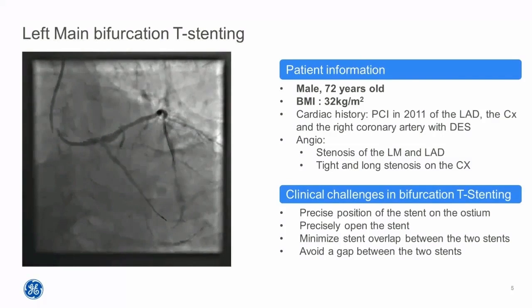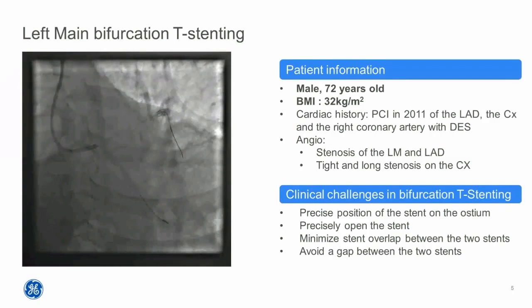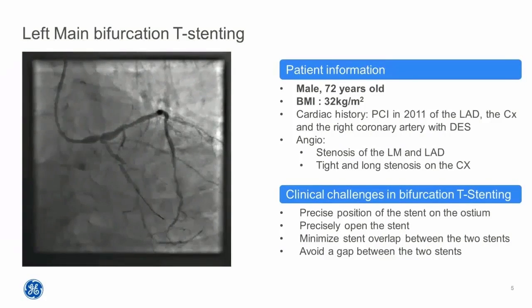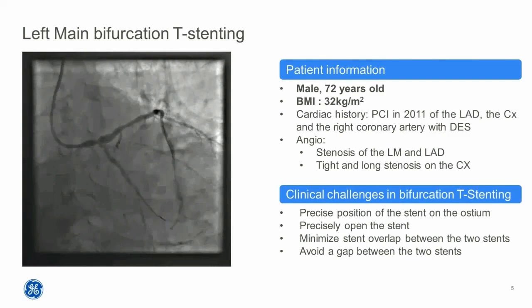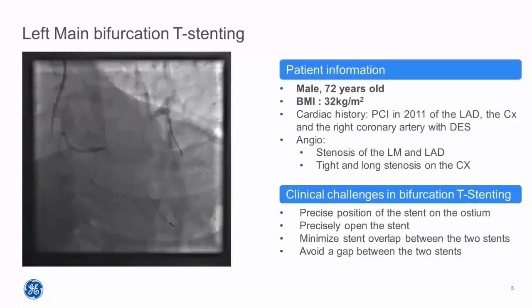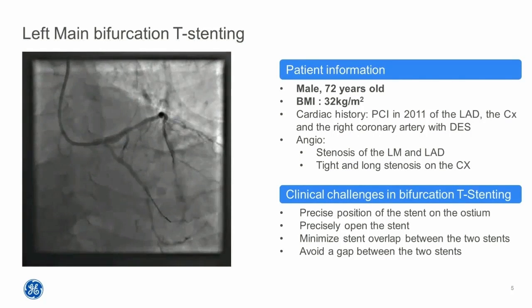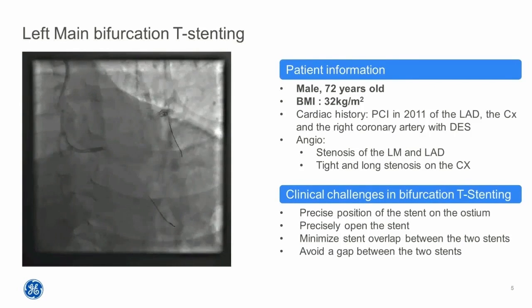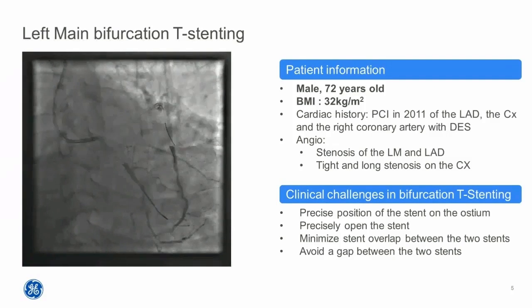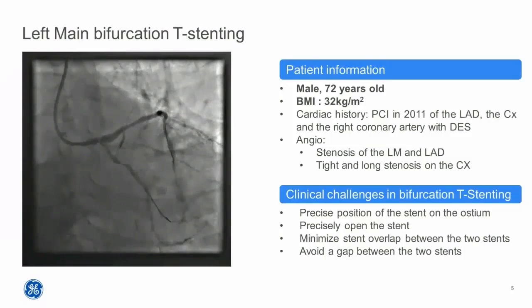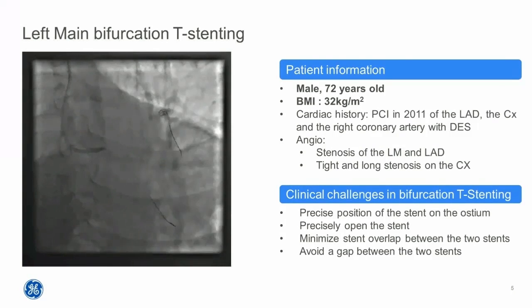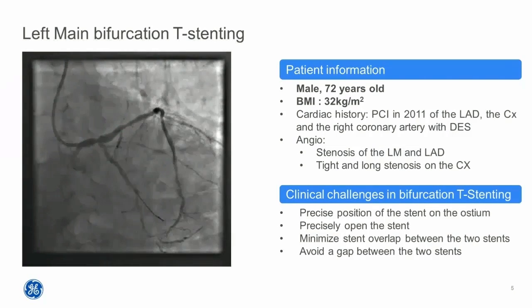On this view, you can clearly see that the left main is diseased at the distal part with a bifurcation lesion, and we also have a lesion of the ostium of the LAD and a tight and long stenosis of the proximal circumflex. By long stenosis, I mean more than 5 millimeters.